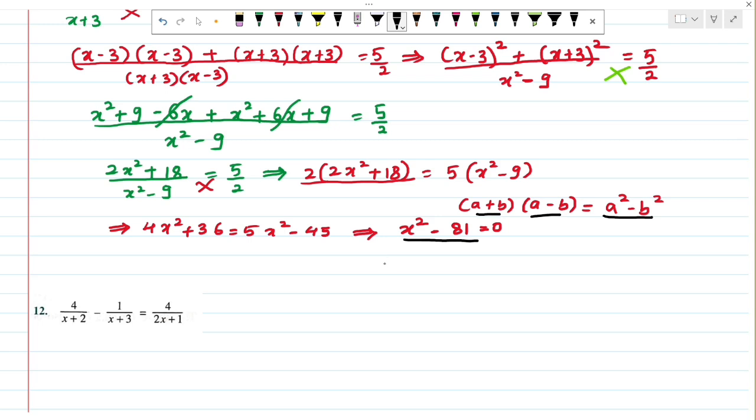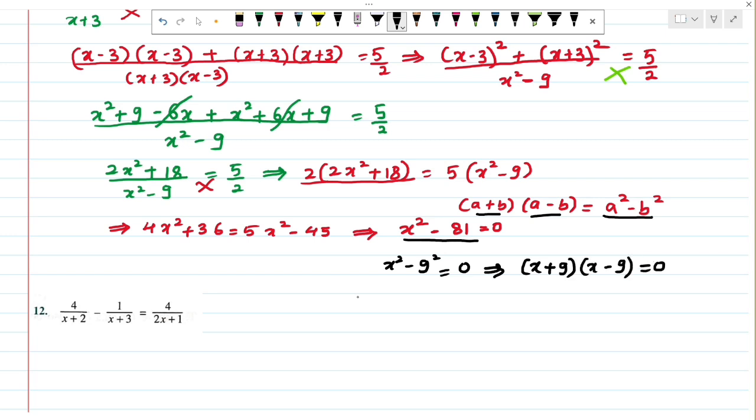That is x plus 9 and x minus 9, which is equal to 0.